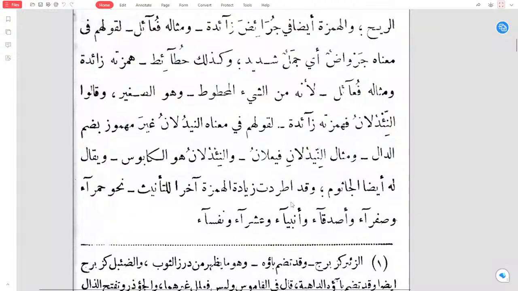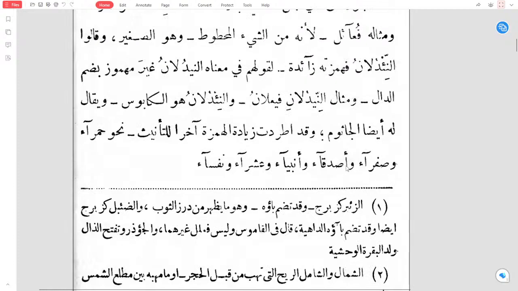يقال له أيضا الجاثوم. وقد اطردت زيادة الهمزة آخرا للتأنيث. And the hamza comes at the end of a word as زائد, extra, to make the word a feminine word. نحو حمراء وصفراء. These are feminine words meaning red, yellow. أصدقاء, friends. That's not for تأنيث.